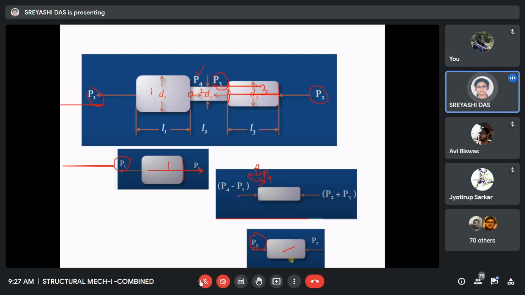So the net load at this end will be P4 minus P1 in the right direction. If we take the right direction as positive, then the load value will be P4 minus P1. Now, if P4 is less than P1, it will be negative, and in that case it will actually be tensile. The direction will change only.